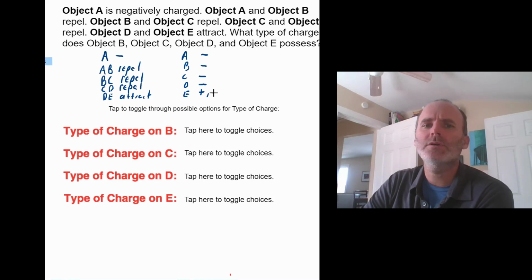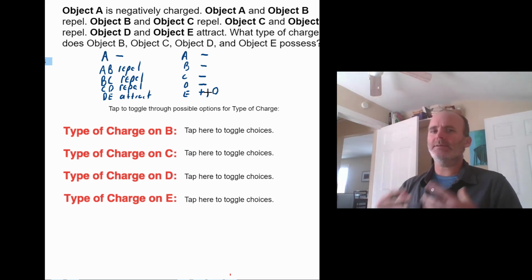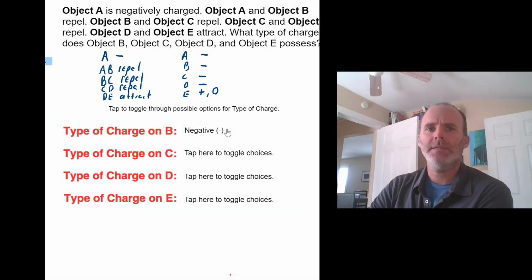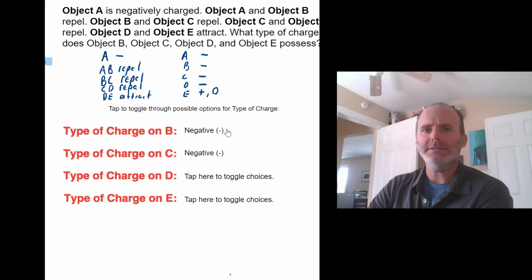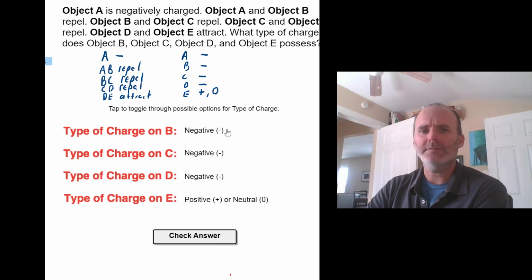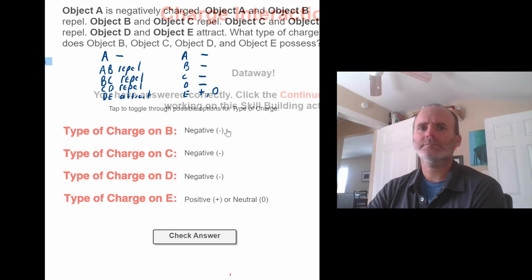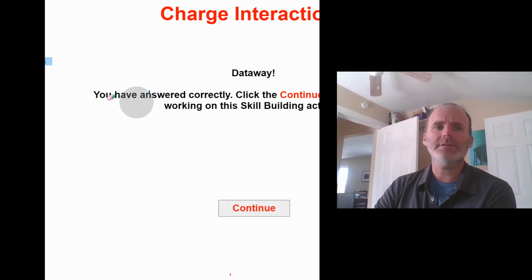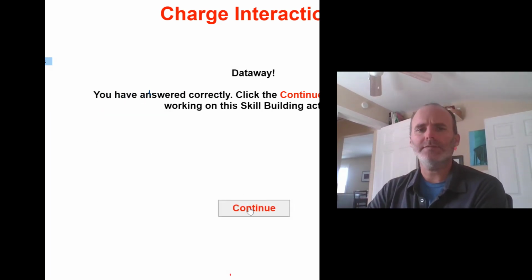But also, remember, neutral attracts to positive and it attracts to negative. So B is negative. C is negative. D is negative. And E is positive or neutral. I'm going to do another one because there's another tricky one I'm going to try to find.